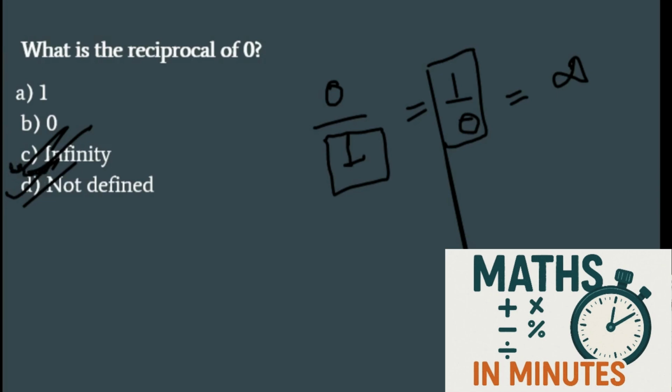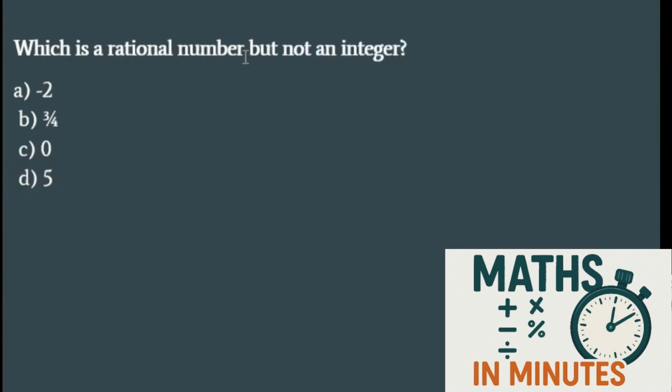Okay, next question is, what is a rational number but not an integer? As we know, integers are basically all the numbers that are negative, that are positive, including 0. So minus 2 is a negative number.